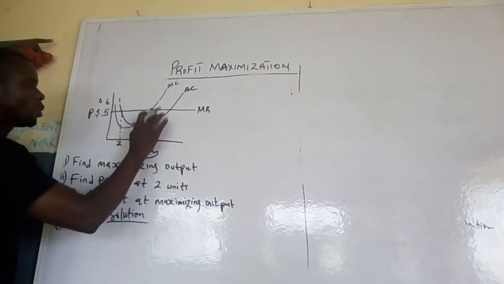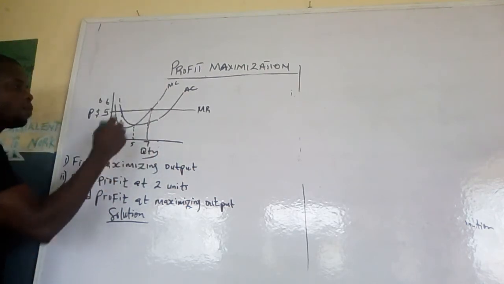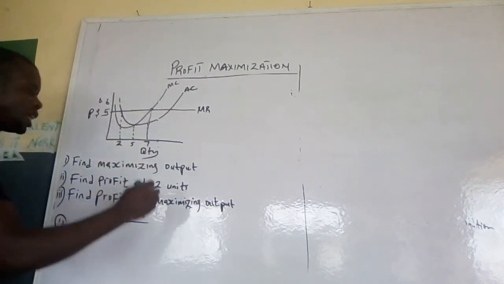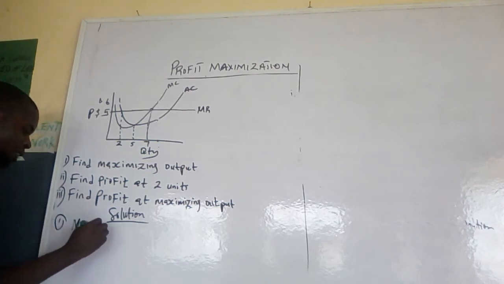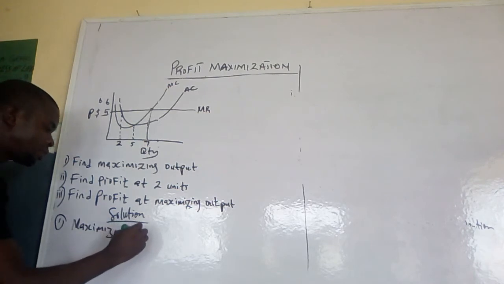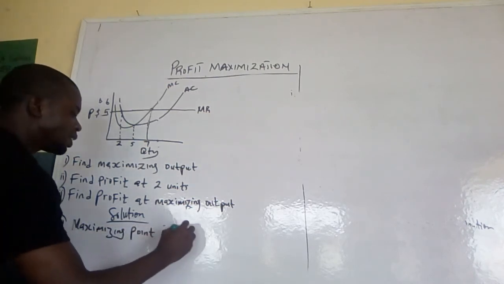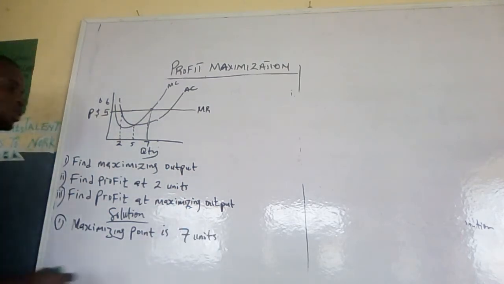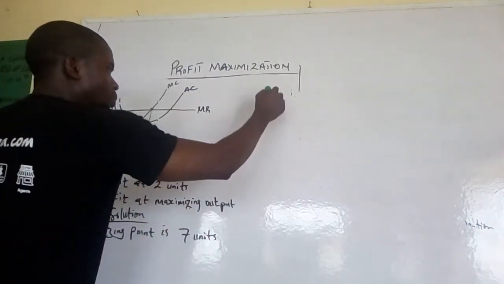Since we have agreed that the maximizing point is 7, because it's the point where MC cuts MR from below, we say our maximizing point is 7 units.